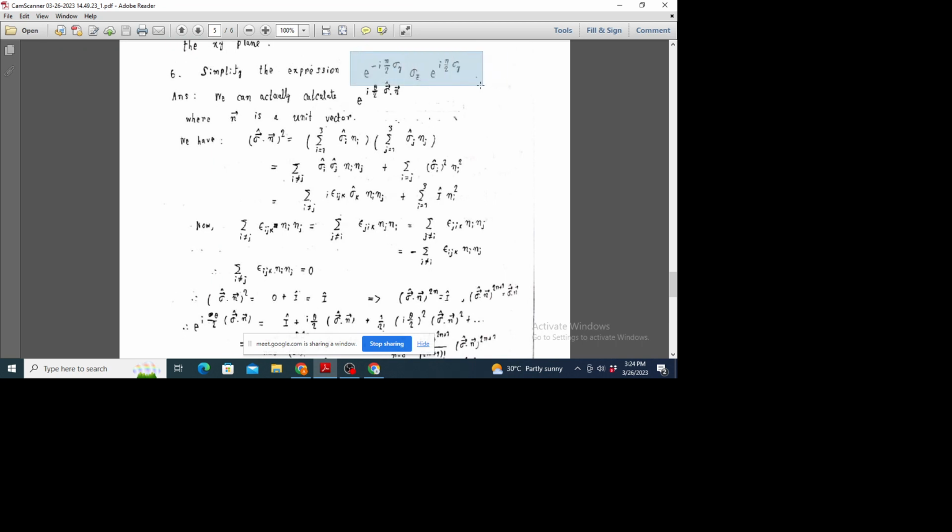Using the properties of the Pauli matrices, calculate or simplify this expression: e to the power minus i pi by 2 sigma y, multiplied by sigma z, and e to the power i pi by 2 sigma y. Using the properties of the Pauli matrices, you can actually calculate this in a closed form.